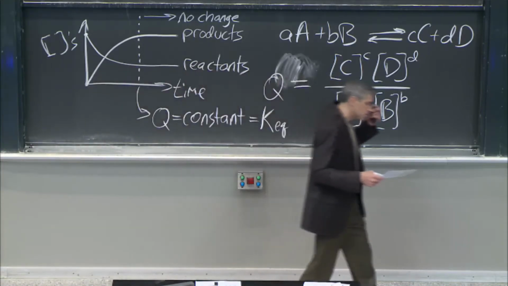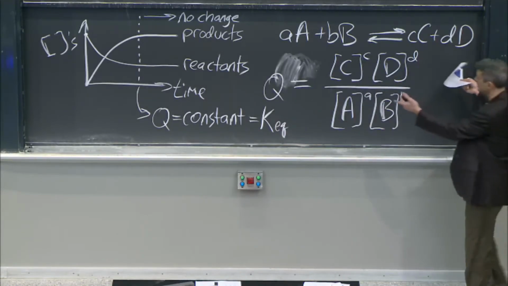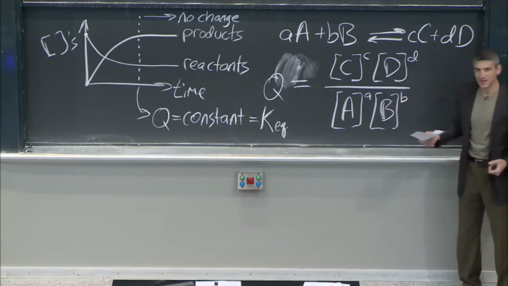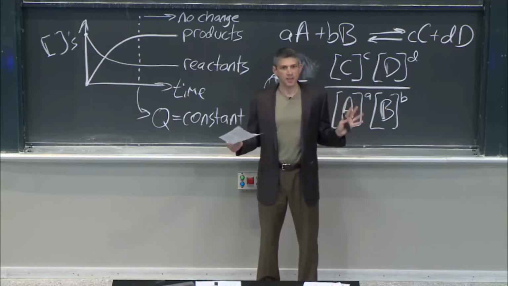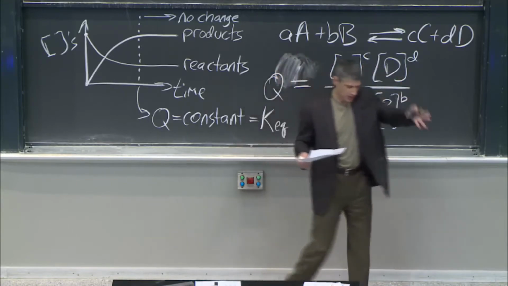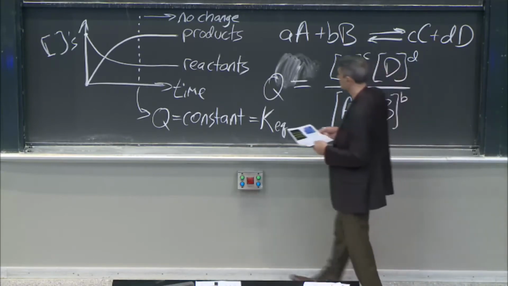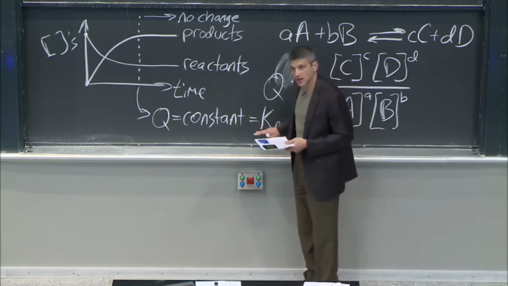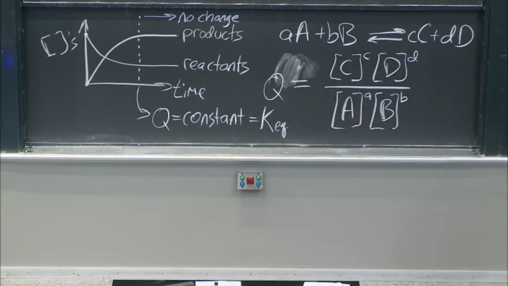And what's really useful about K is that for a given reaction, K is a constant. It depends on temperature, but if I keep the temperature fixed, K won't change. It's the constant that tells me where equilibrium is.